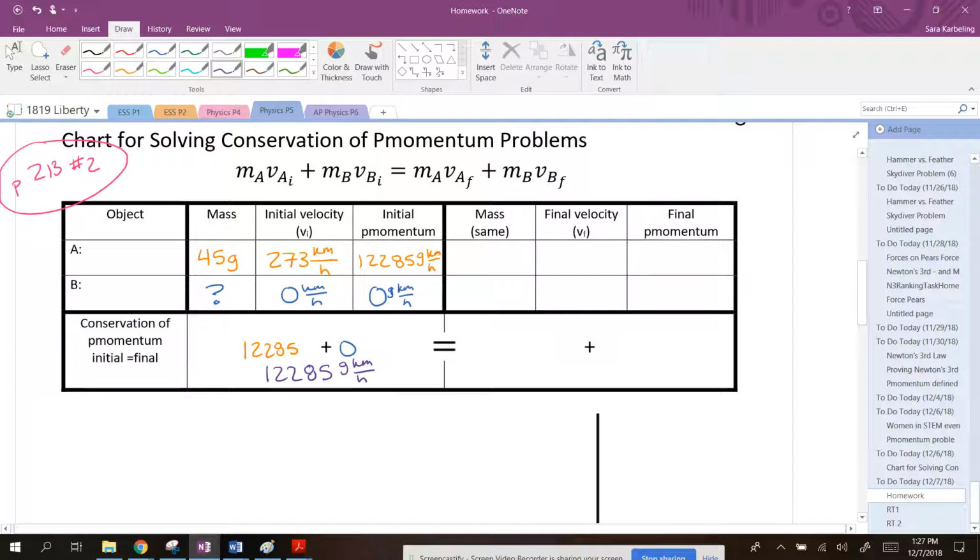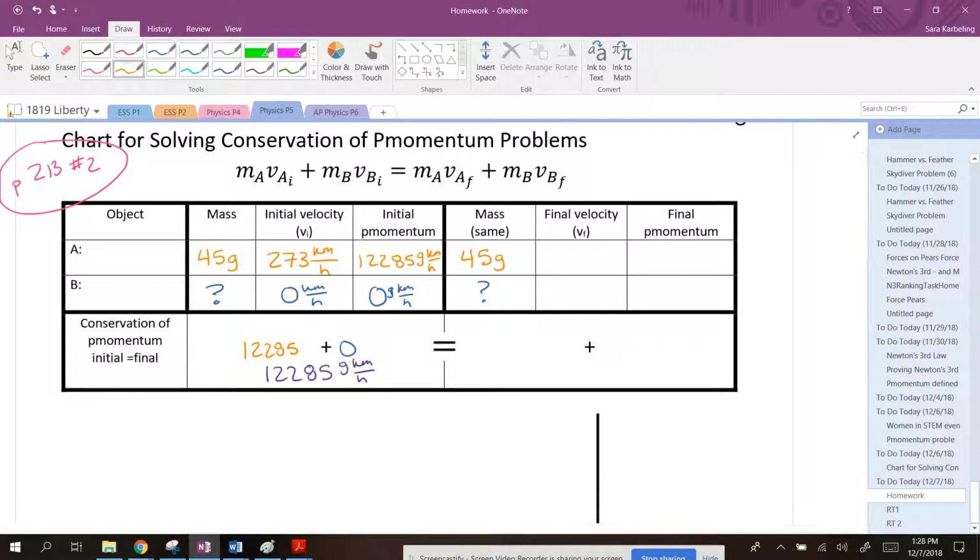Other side, same things we know and we don't know. 45 grams, question mark. The directions are important, I think, because it says that the 45 gram golf ball is moving to the right at 273.